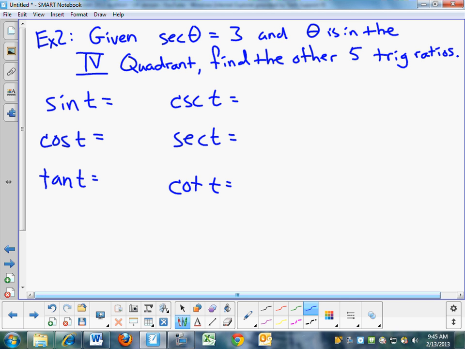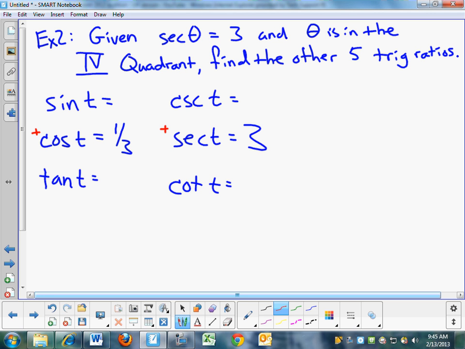Okay. Which one of these do you know? Secant. Secant's 3. So what's cosine? 1 over 3. Why? Because they are reciprocals of each other. They are positive, right? So if I'm working in the fourth quadrant, is sine going to be positive or negative?